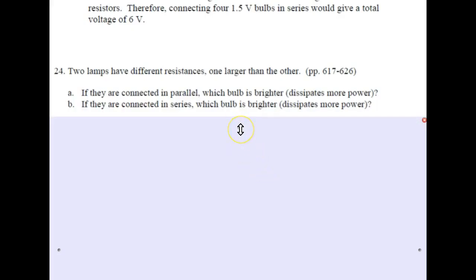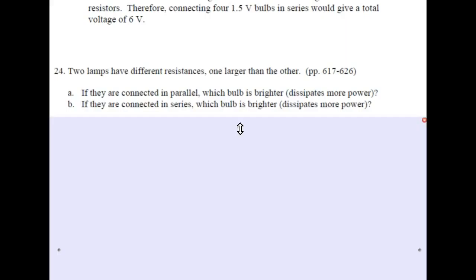All right, here's how to do these questions. Let's start with A. If they're connected in parallel, which bulb is brighter? The way you do this is that you consider, for the type of circuit, what is the electrical variable that remains constant? For a parallel circuit, that would be voltage.